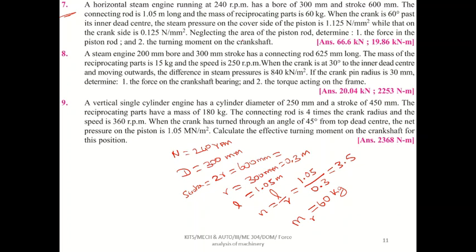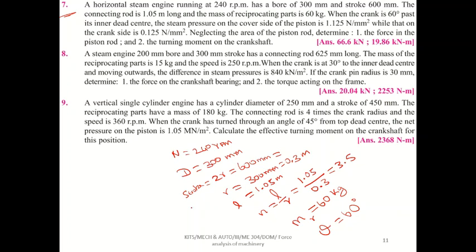When the crank is 60 degrees past its inner dead center, the steam pressure on the cover side of the piston is 1.125 Newton per mm square, while that on the crank side is 0.125.